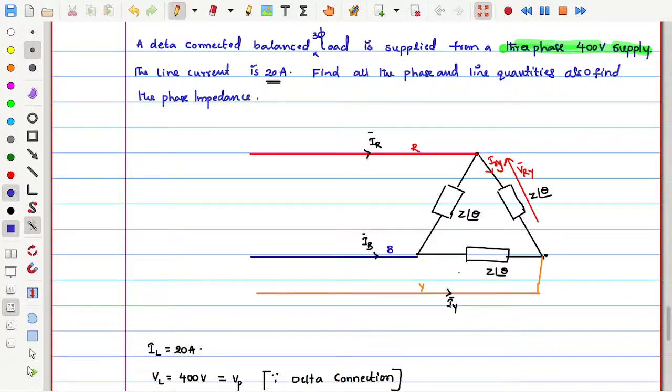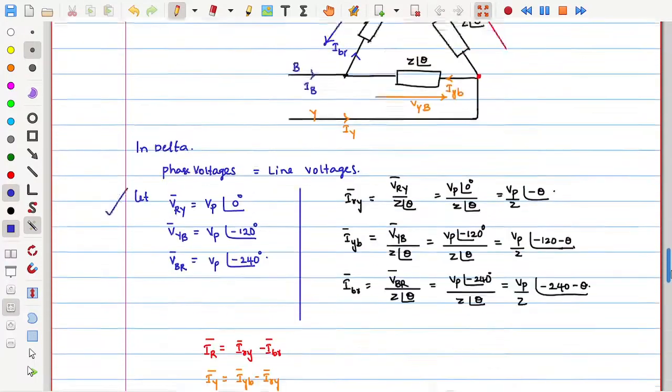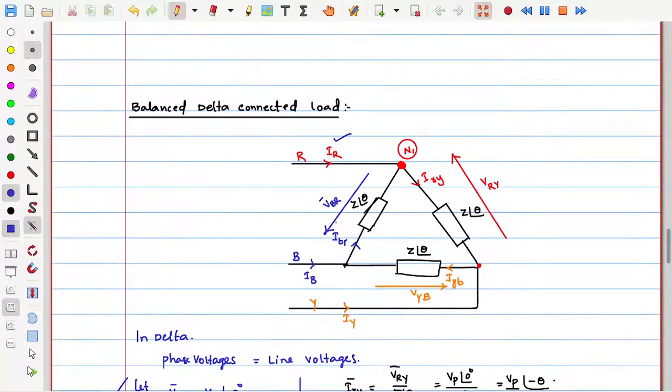Next is V_YB, whose current is I_Y2B. And next is V_B2R, whose corresponding phase current is I_BR. If you do one or two problems, you will understand these things.